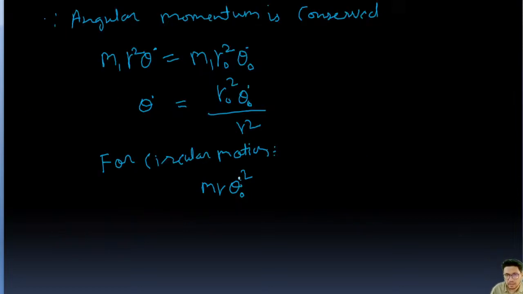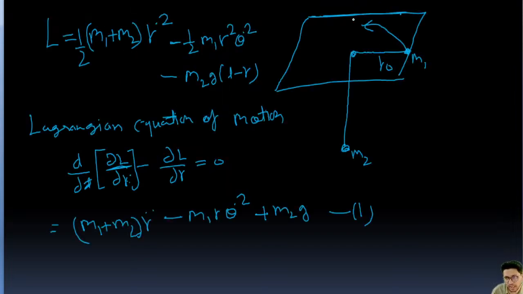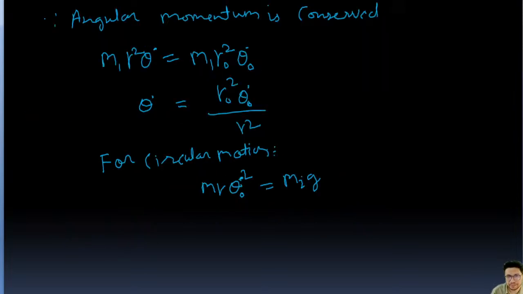This is equal to m2g, because the centripetal force is balanced by the weight m2g, the force on m2, right? So from here we can find the value of theta naught dot square.